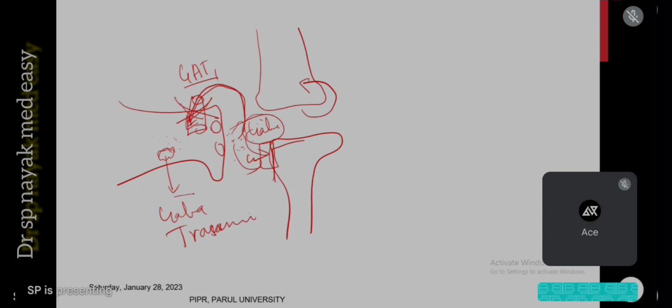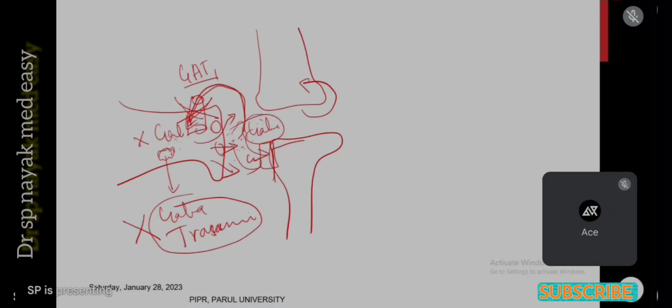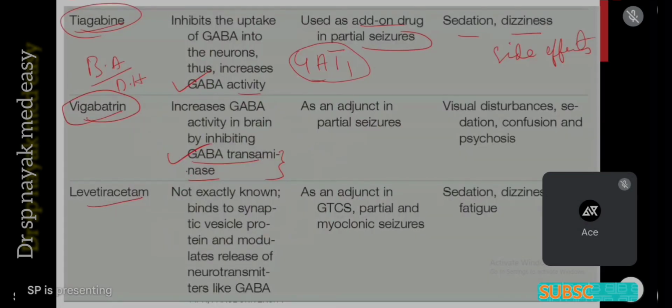If we inhibit GABA transaminase, what will happen? The GABA which is reuptaken will not be metabolized, so again GABA can be released back into the synapse. GABA transaminase, which is present in the GABAergic nerve, will be inhibited and it will stop the metabolism of GABA. Simple. That is the mechanism of Vigabatrin.